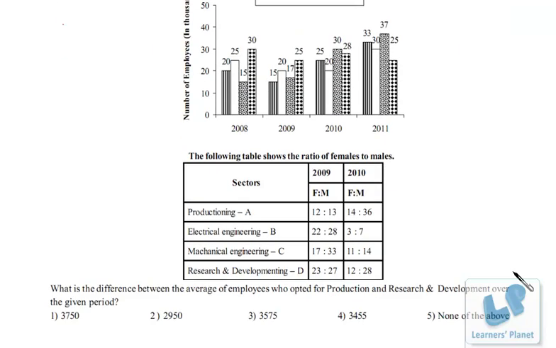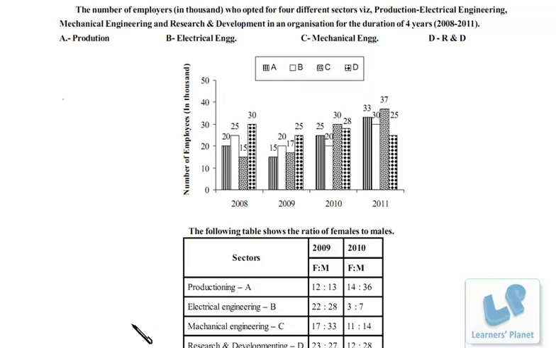Now here, what is the difference between the average of employees who opted for production and research and development over the given period? Now friends, since we have to find the average difference, what we can do is find the difference for every year. Instead of adding all of 2008, 9, 10, 11 for production, then adding all for research and development, then finding the mutual difference and dividing by 4, we keep on finding the difference for every year. So 20 and 30, A the first one and D the last one.